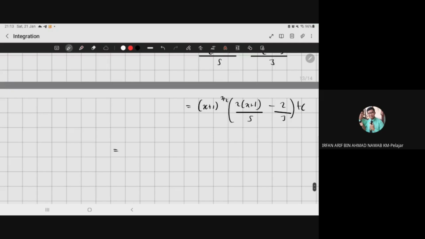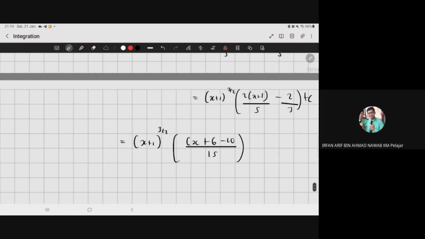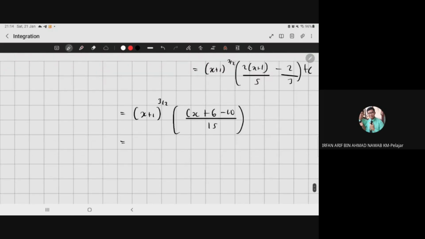Let me write here a bit. Okay, now just simplify the terms in the bracket, x plus 1 to the power of 3 over 2. All right, now here you will get 6x plus 6 minus 10 over 15. And then here basically you can simplify it.